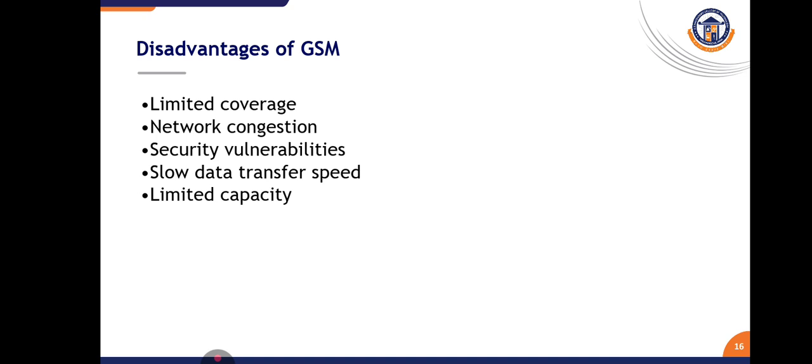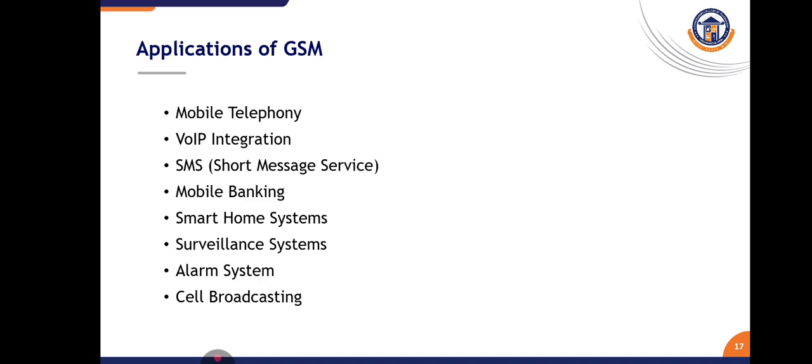Security vulnerability: GSM offers enhanced security, but data transfer speed is slow compared to 3G and 4G. Limited capacity: the limited capacity of handling large volumes of data can be a disadvantage for users who require high speed internet or other data intensive applications.